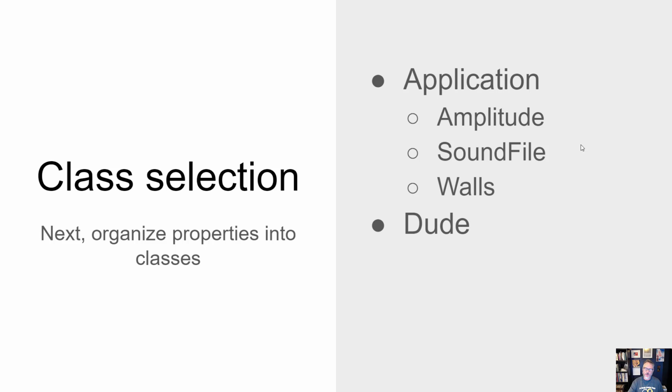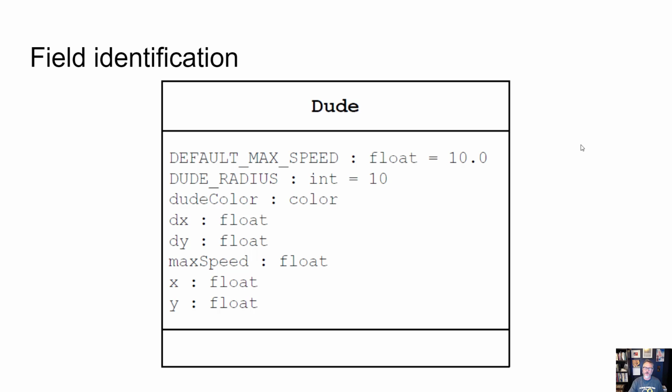Whereas the dude, that's one of those circles inside the mosh pit, has a speed and a direction. Okay? So then I can start to put those together into a class diagram for the thing that I have to write, right? The one class that I have to write is that dude class. So I would write it like this.